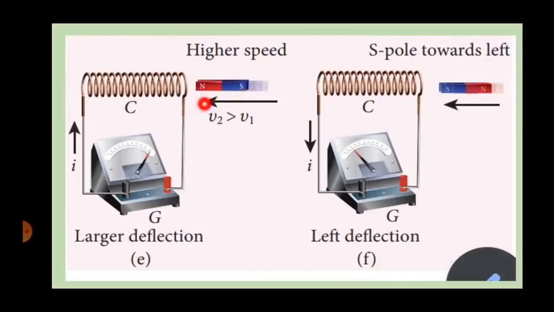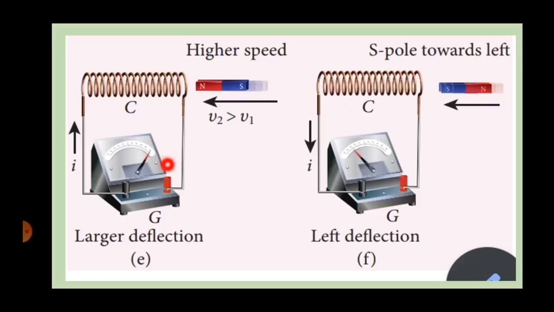Understand? If the magnet is moved faster, it gives a large deflection due to a greater current inside the circuit. In case the magnet is moved slower, it gives a smaller deflection due to less current in the circuit.